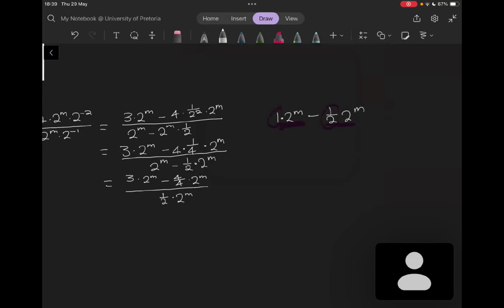And that's how we then end up with half times 2 to the power of m. Because in this case, it is this 1 minus a half, and we have all of that multiplied by 2 to the power of m. I hope we all understanding how I got that.